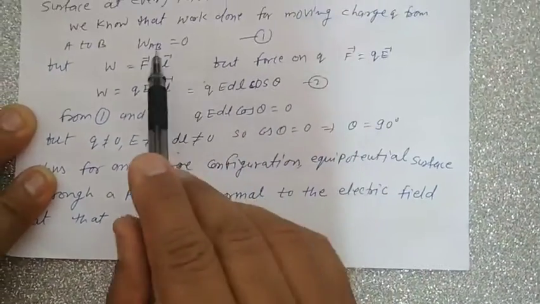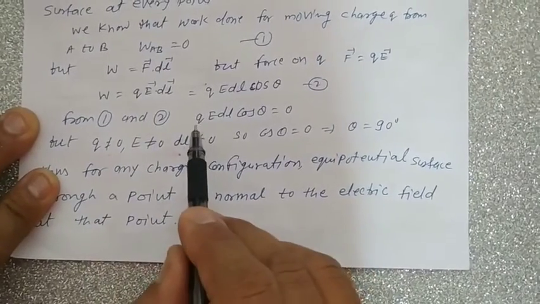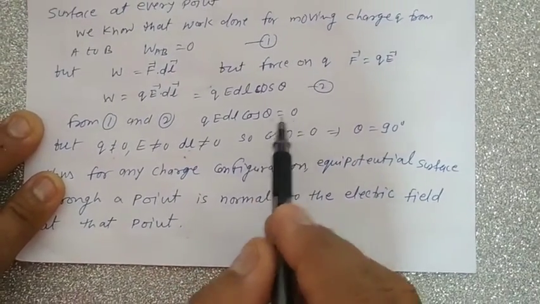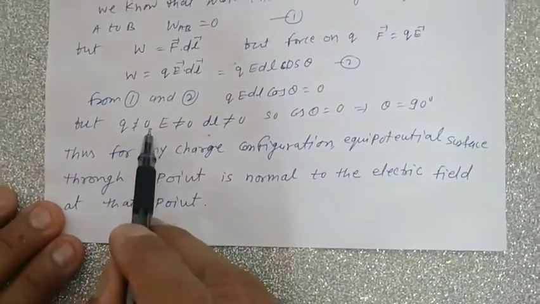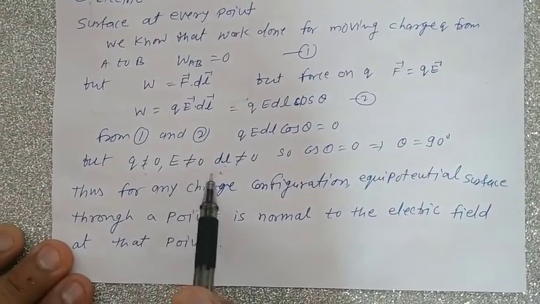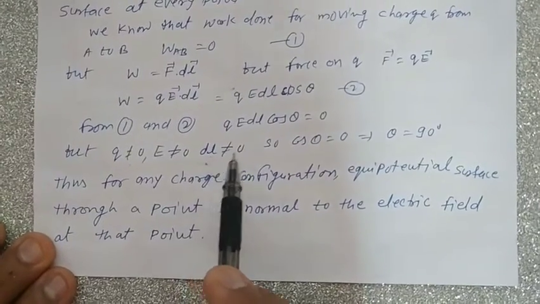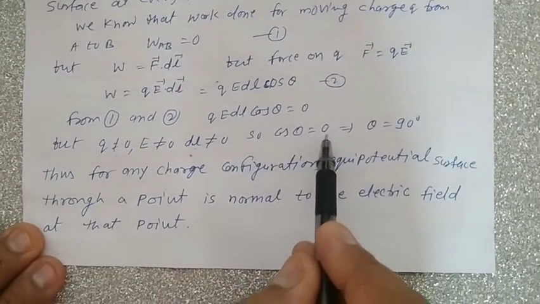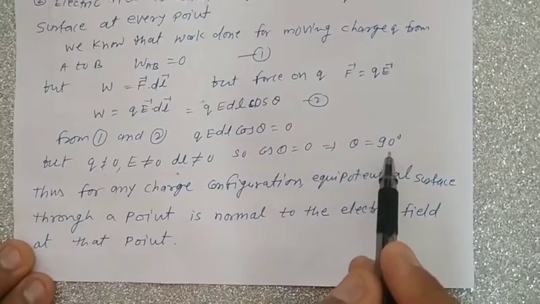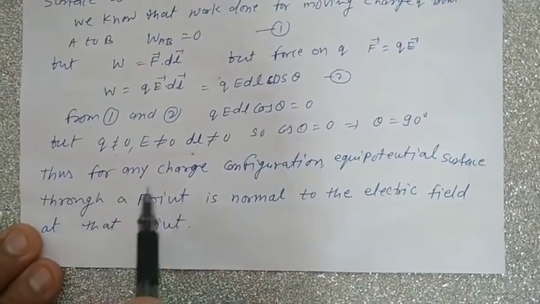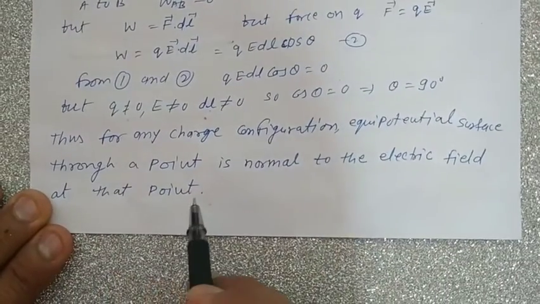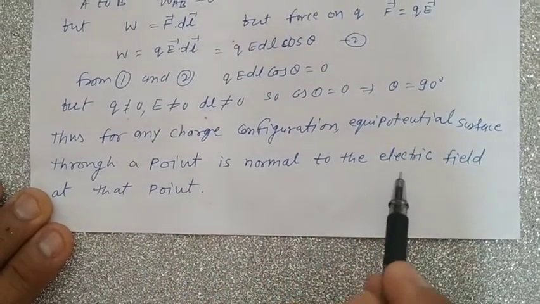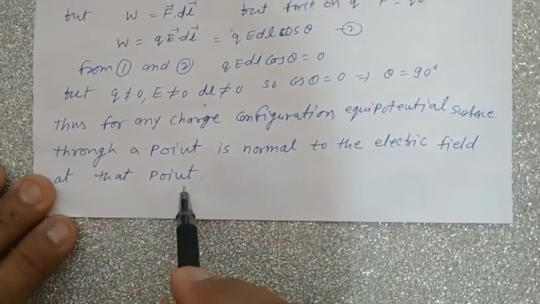From 1 and 2, W_AB equals 0, so QE dl cos theta equals 0. But Q is not equal to 0, electric field is also not equal to 0, displacement is also not equal to 0, so cos theta equals 0, so theta equals 90 degrees. Thus for any charge configuration, the equipotential surface through a point is normal to the electric field at that point.